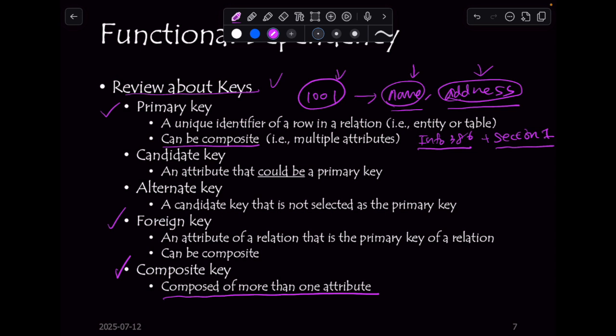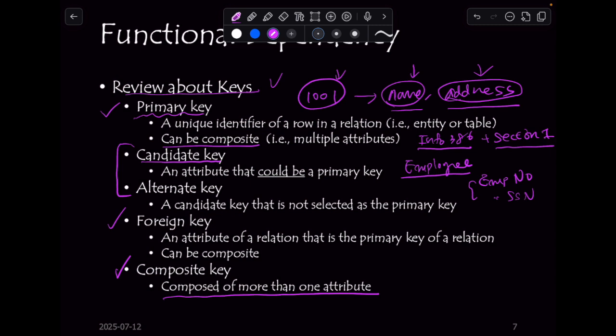In addition to the definition of a primary key, let me introduce two more key concepts. The second one is candidate key. A candidate key means an attribute that could be a primary key. Suppose there is an employee table, and in it we have the employee number, and at the same time we have the employee SSN.